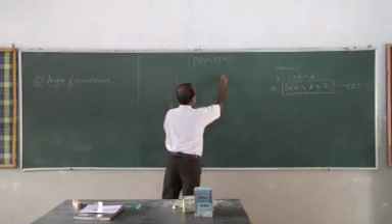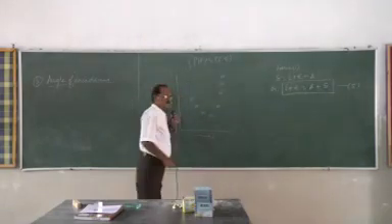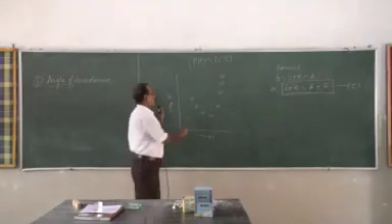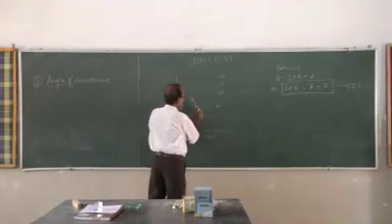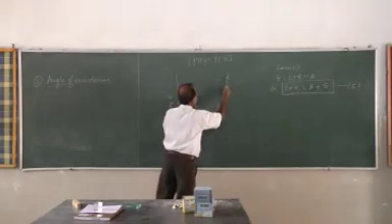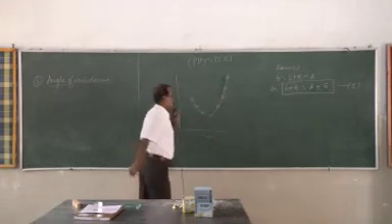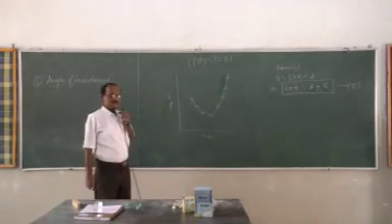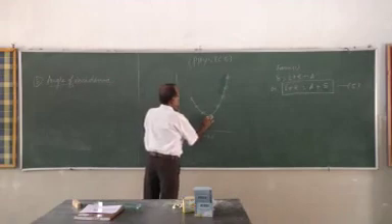If we plot a smooth freehand curve, then it will come in this way. A U-shaped curve will come. So this point is the minimum position.